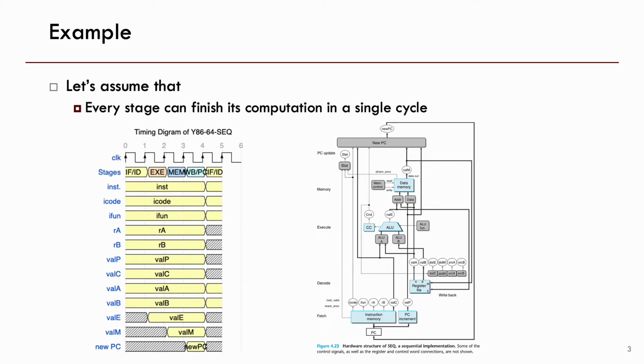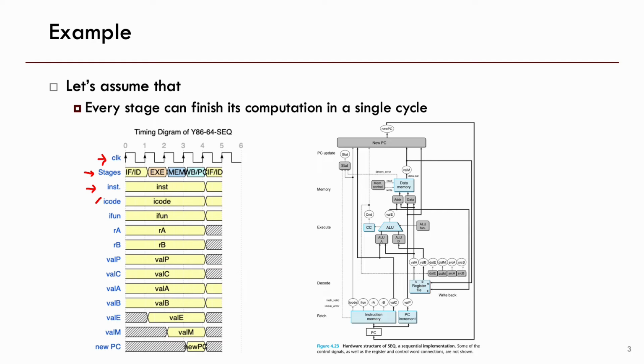It starts with the clock signal here, and then it has stage information, so from what cycle to what cycle we are in some stage. Okay, and then we have the instruction, which indicates from what cycle to what cycle one instruction is available.